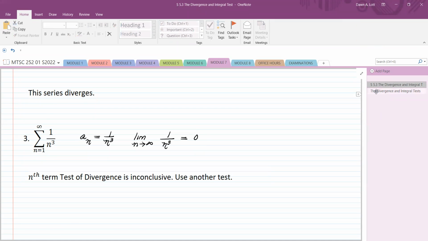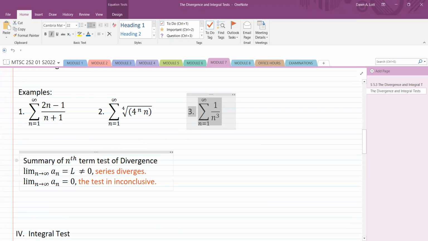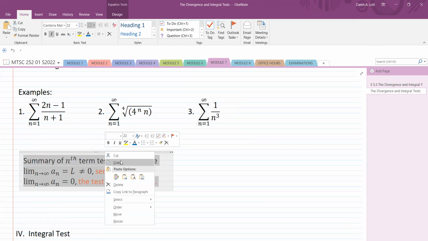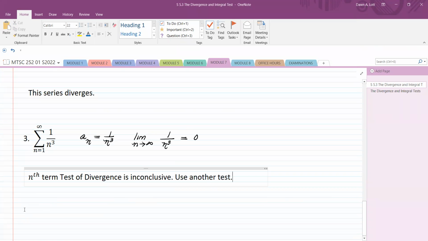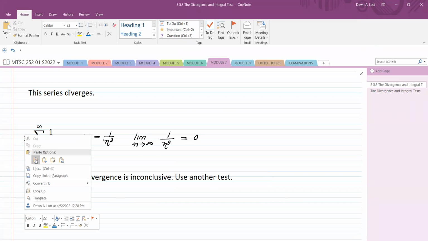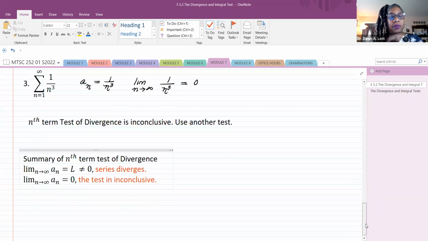All right. So here's a summary. The summary of the nth term test of divergence: if the limit is equal to L and that number is not 0, it diverges.